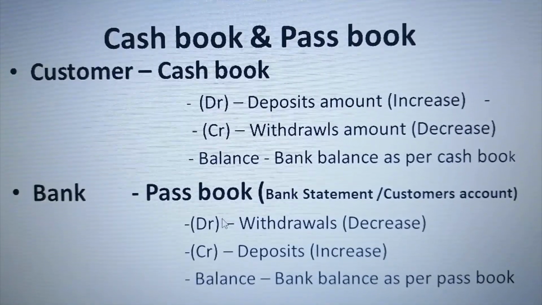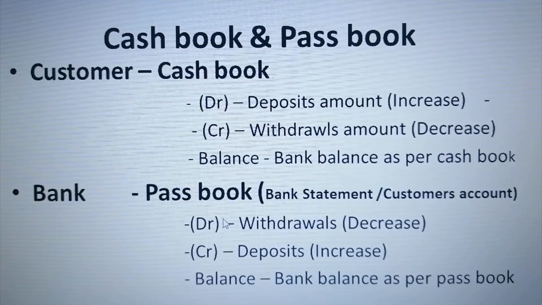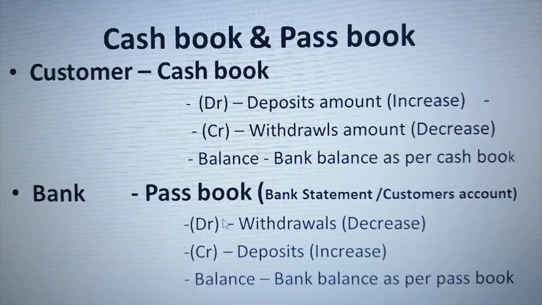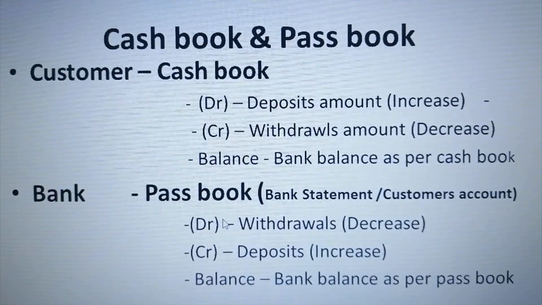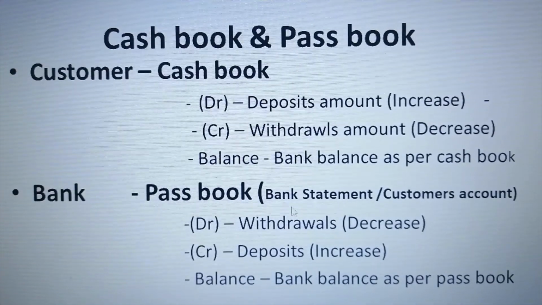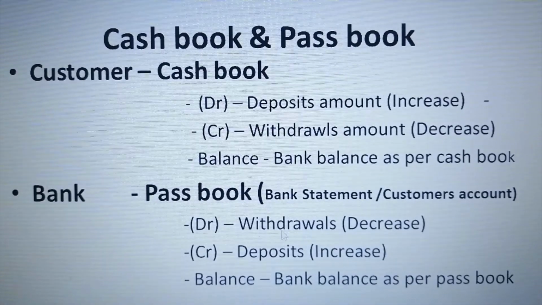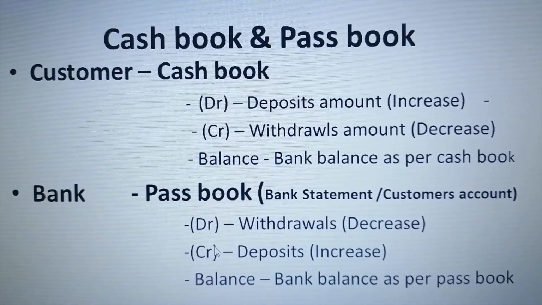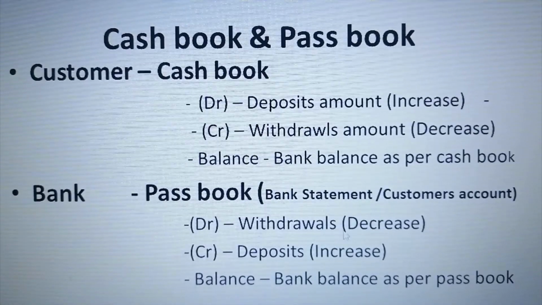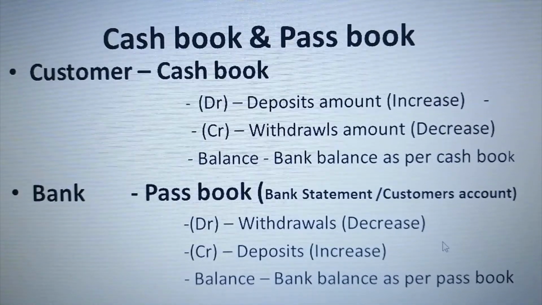Next one is passbook. Passbook is prepared by the banker, through which the details of the customer's account are supplied to him. Otherwise it is known as bank statement or customer's account. In passbook, if the amount is recorded on the debit side or debit column, it is a sign of decreasing balance of the customer's account.